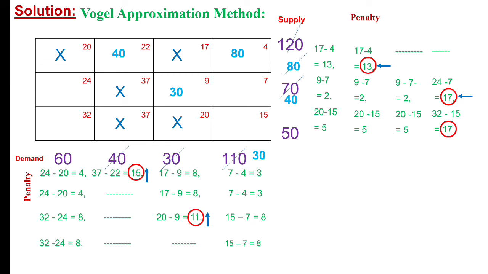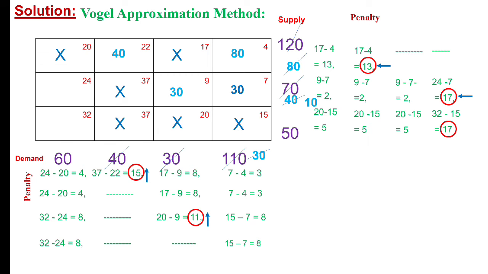In that, the minimum cost is 24. How much can I allocate? In that row only 10 is available. In that column 60 is available. So 10 will be allocated. The remaining 50 will be cancelled. Finally it will be allocated. Now all the restrictions are satisfied. There is no extra value, so the problem ends with the basic feasible solution.